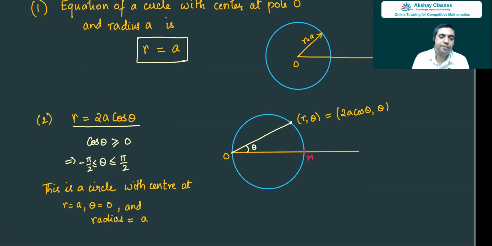So this is another equation of a circle in polar form, R equal to 2a cos theta.